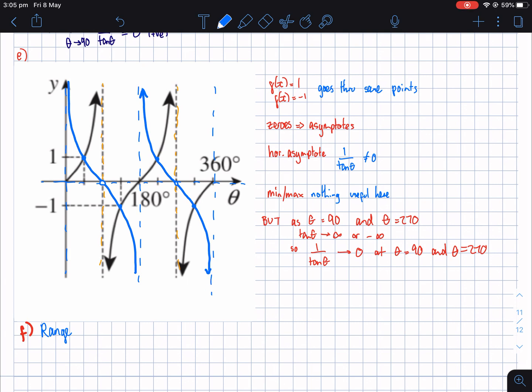The only point y doesn't equal is 0, because 1 on anything can't be 0. So I wasn't quite right in saying we had a horizontal asymptote. But I did know y doesn't equal 0.